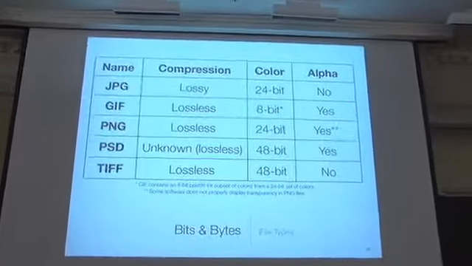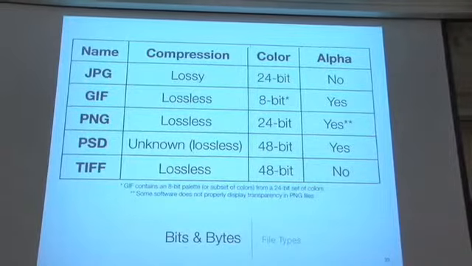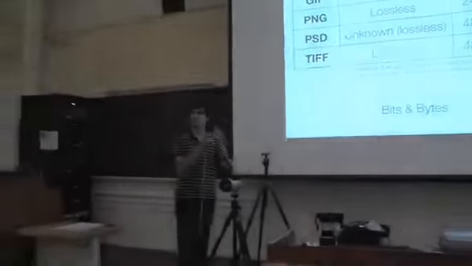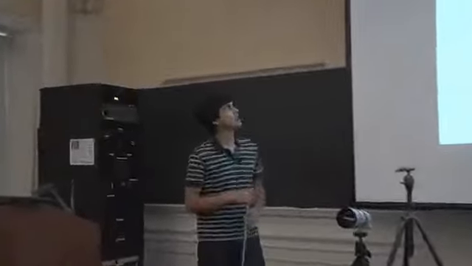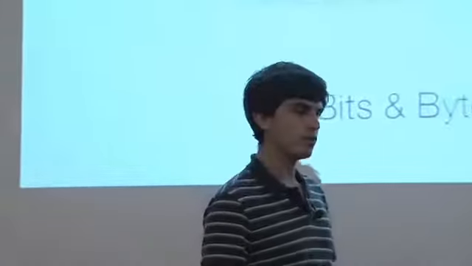So GIF, I talked about before with that run length encoding, where we saw the flags and we were able to compress those flags down to a very small size. That is a lossless compression, but the problem with that is that the color is only 8-bit. There's a little bit of a trick here, though. The color you can actually choose from 24 bits worth of color, it's like a painter's palette.